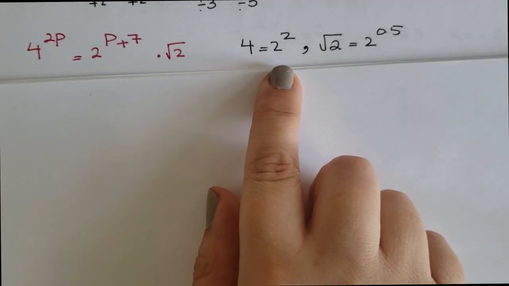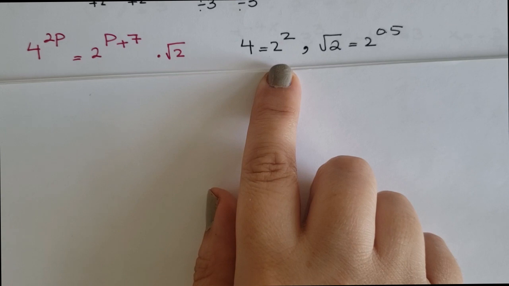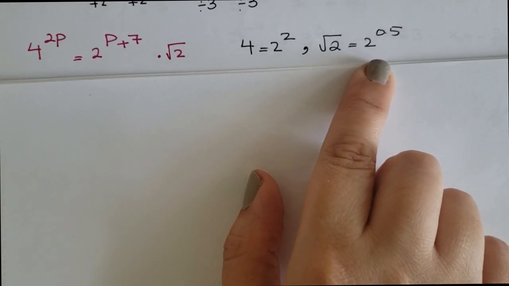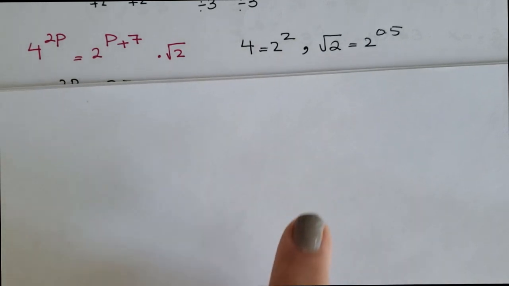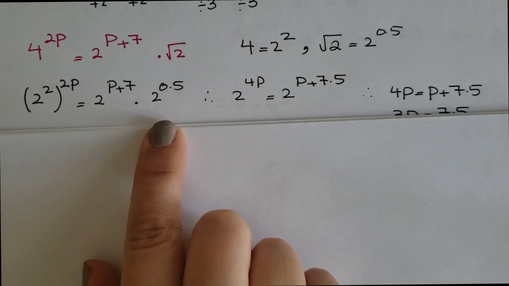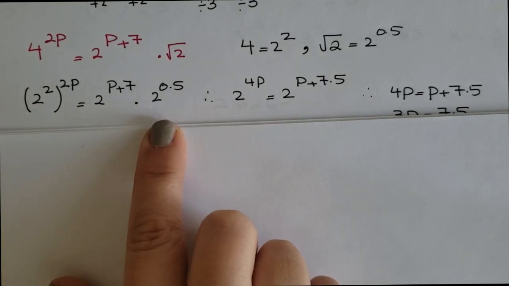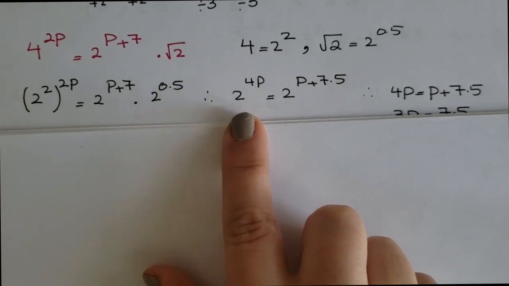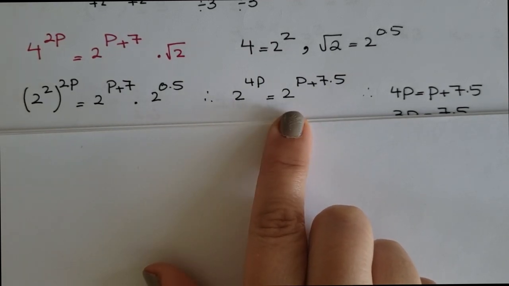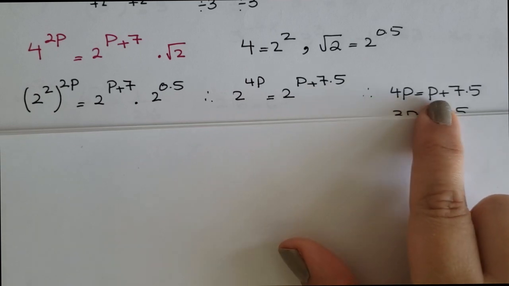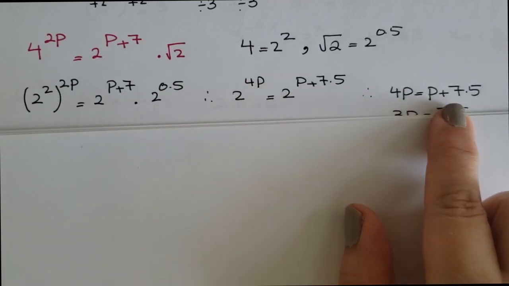So instead of 4, I can substitute 2 to the power 2, and for square root of 2, I can put 2 to the power 1 over 2, or 0.5. So the next step would be simply substituting, getting all the bases the same, and then simplifying. From here, the bases are the same. So again, if the bases are the same, the exponents must be the same. So 4p equals p plus 7.5.